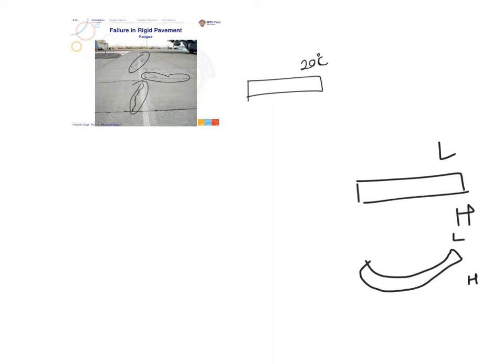If this is the instance of my warped pavement, what happens? Here in the bottom surface you might have some strain which is tensile and some strain on the top which is compressive. Now in this scenario there will be some stresses due to self weight of the concrete.